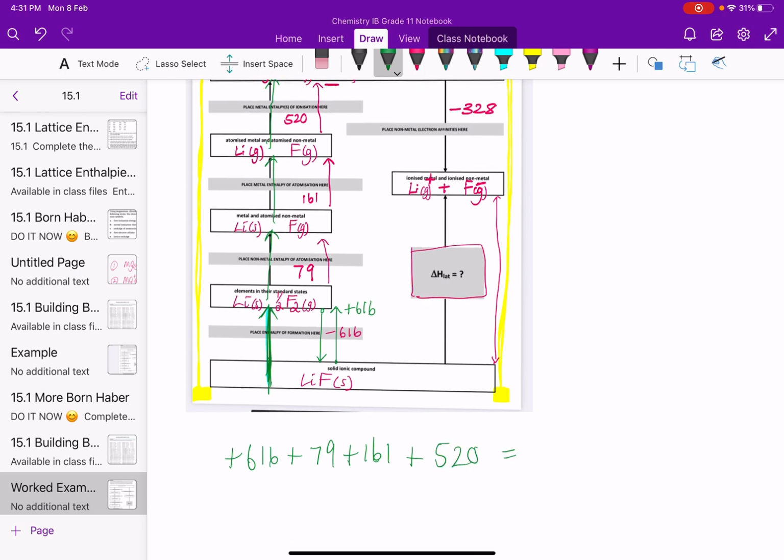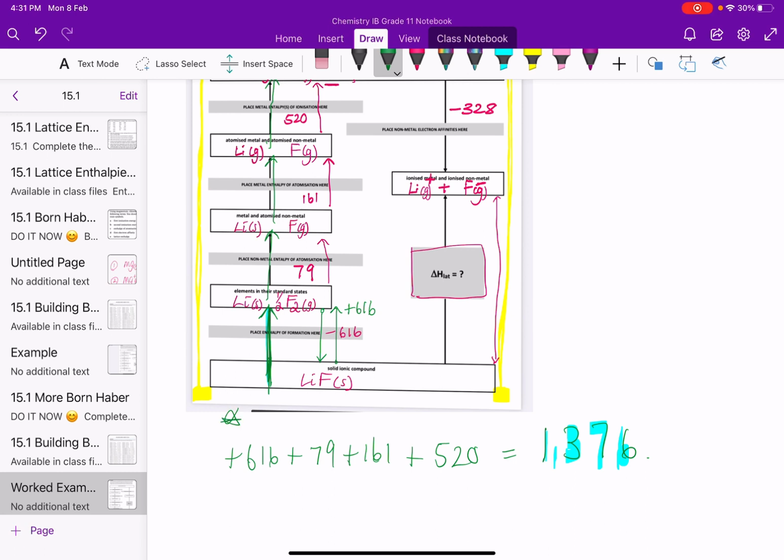So let me just do that on the calculator. So 616 plus 79 plus 161 plus 520 gives me 1,376.